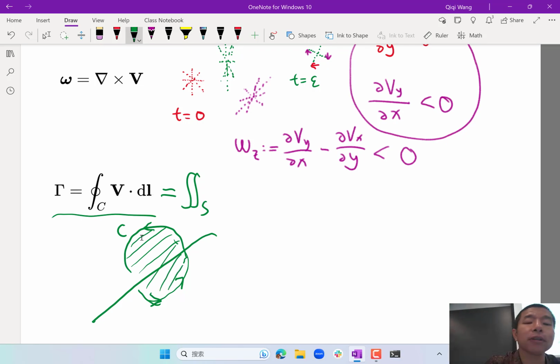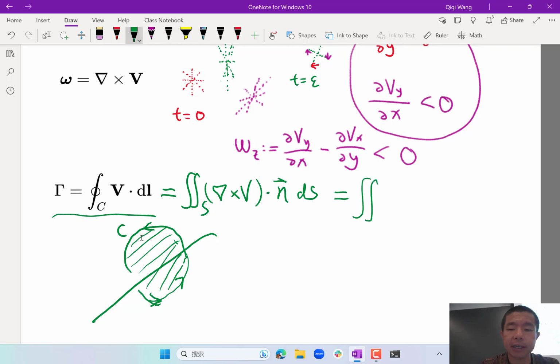It is equal to the surface integral of the curl of velocity dotted with the normal of this surface, dS. And of course, the curl of velocity is equal to vorticity, so this is just equal to a surface integral of omega dot n dS.